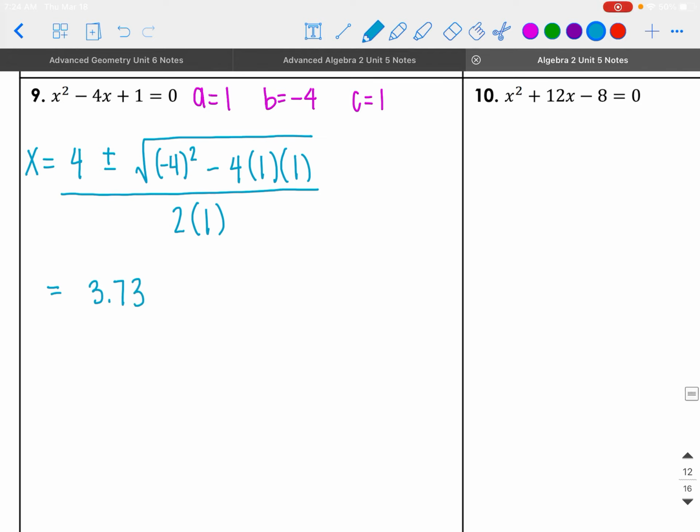And we get 3.73. Change it to a minus. And we get 0.27.